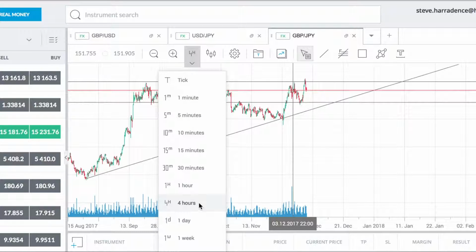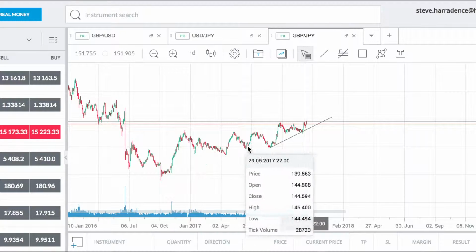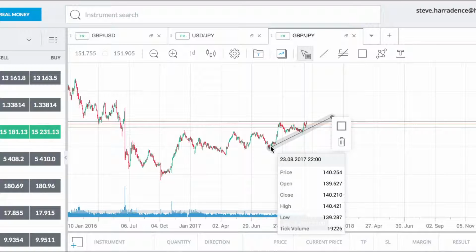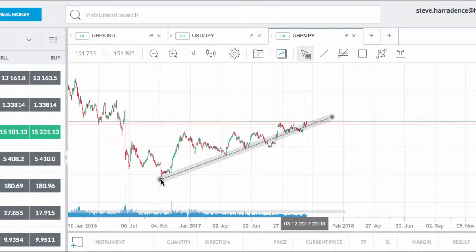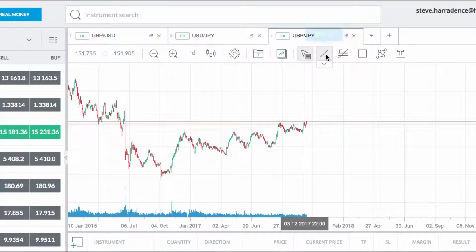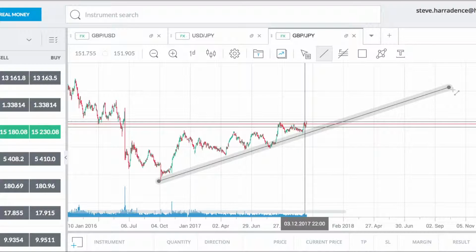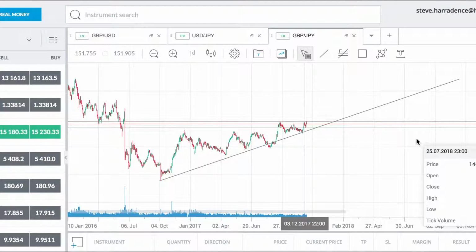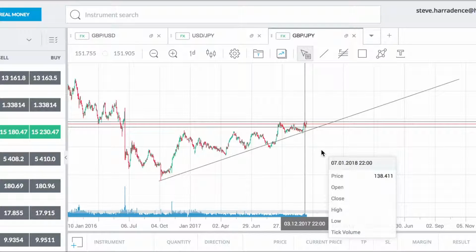If we go to the 1 day chart, actually no, let's draw that again. Let's delete it and start again. So there we go. There's a good support line.